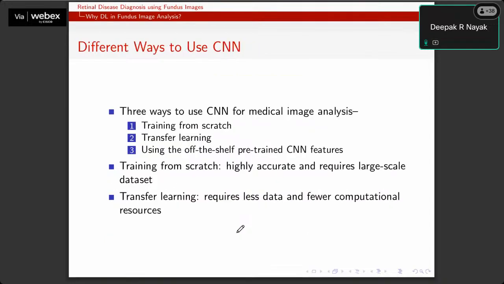We have also talked about the different ways to use convolutional neural networks to solve medical image tasks, including fundus image analysis, right? So we have seen that either we can design our own convolutional neural network or deep learning approach and train it from scratch.